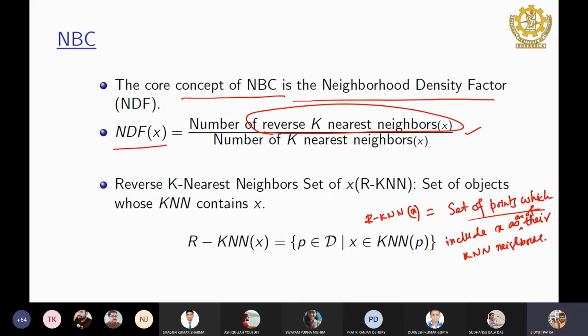Is it clear? So let's say P can be the reverse k nearest neighbor of x if P includes x as one of its k nearest neighbors. Then we'll say P is the reverse k nearest neighbor.